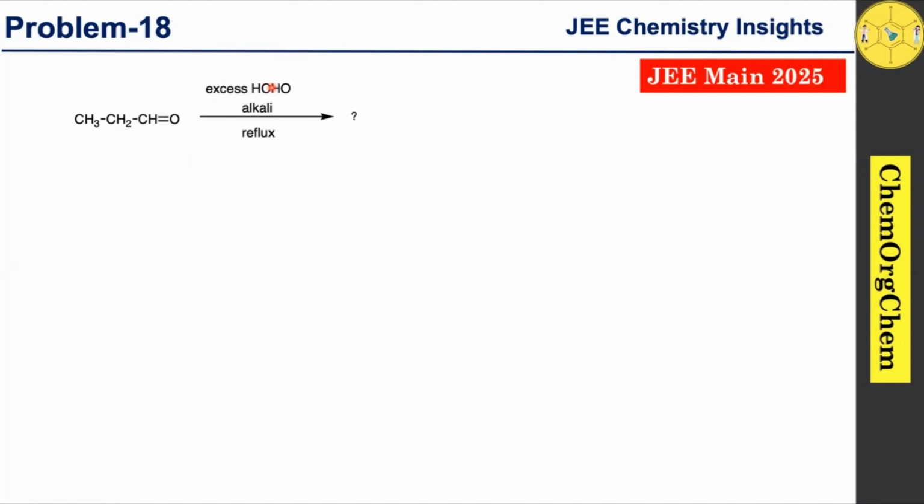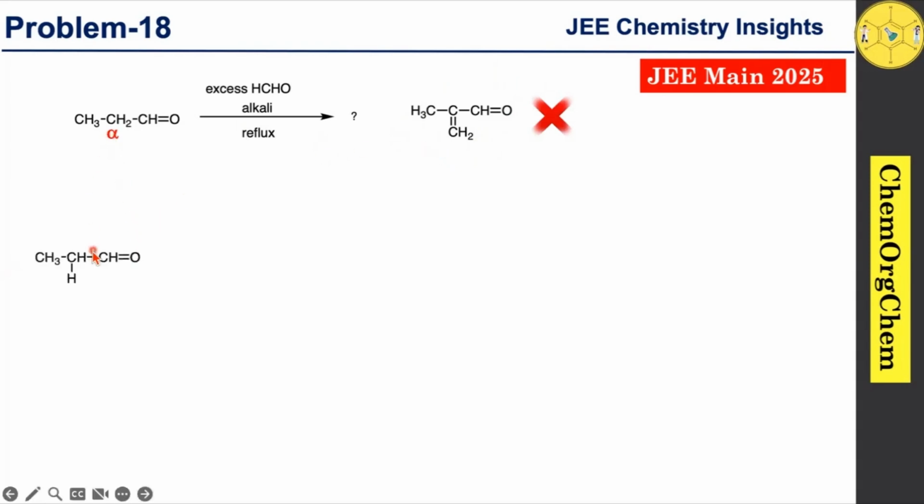So most of you expect to get this corresponding alpha beta unsaturated alkene as the final product. However, this reaction doesn't produce this product. Let's see why this product is not formed, and why some other products are formed in this reaction.